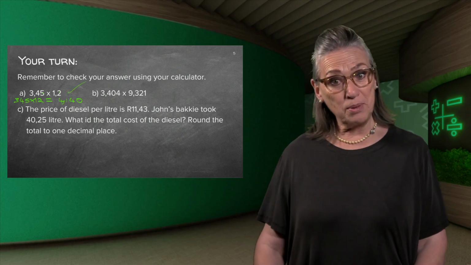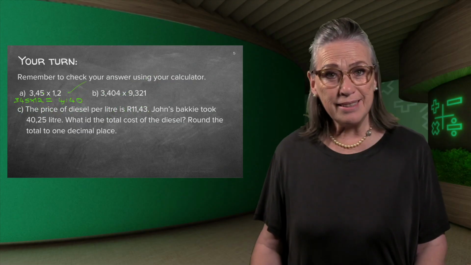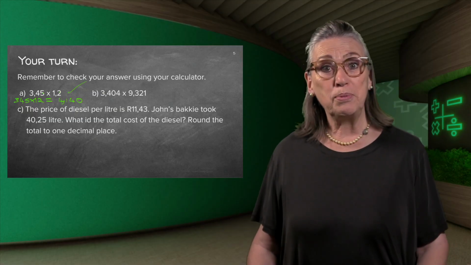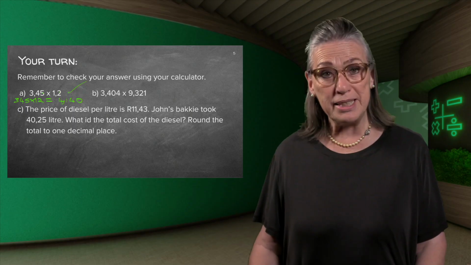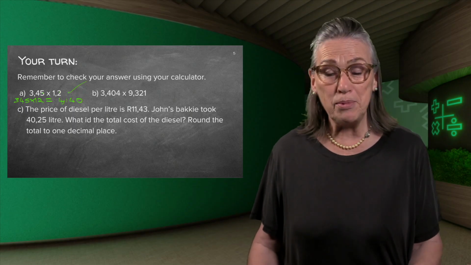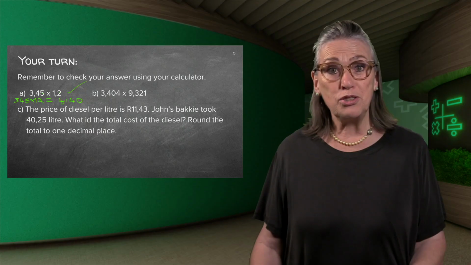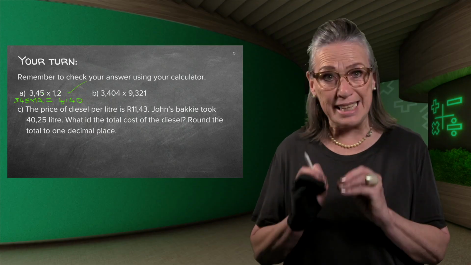Right, so the next one is like a long multiplication. And if you cannot remember how to do this, please go back to your previous lesson under whole numbers when we did multiplication to make sure that you refresh your memory on how to do this. But for this lesson, it is important to know what to do with the decimals.